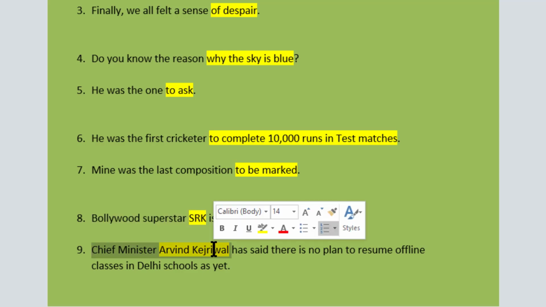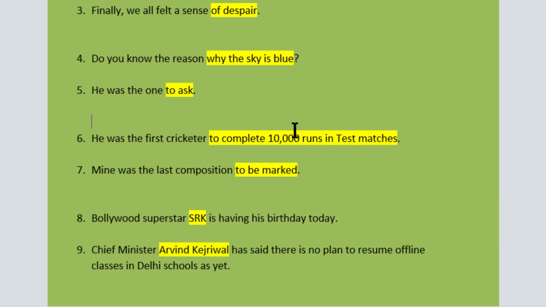So we can have appositives, relative clauses, infinitives, as well as prepositional phrases as complements of the head in noun phrases. It is all about the complements of the head in noun phrases. Thank you for watching this video.